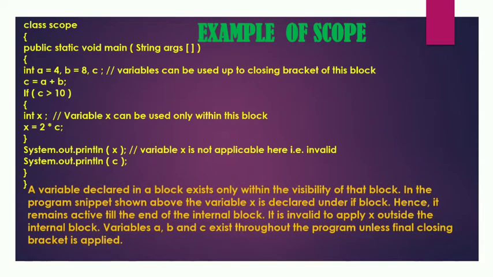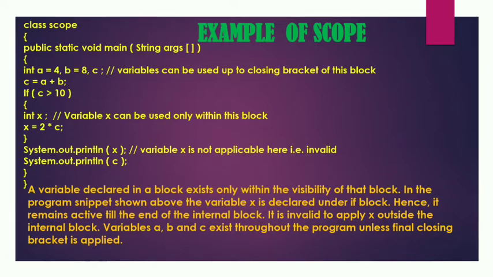A variable declared in a block exists only within the visibility of that block. In the program snippet shown above, the variable x is declared under the if block. Hence, it remains active till the end of the internal block. That is, x will be active within the opening and the closing brace.